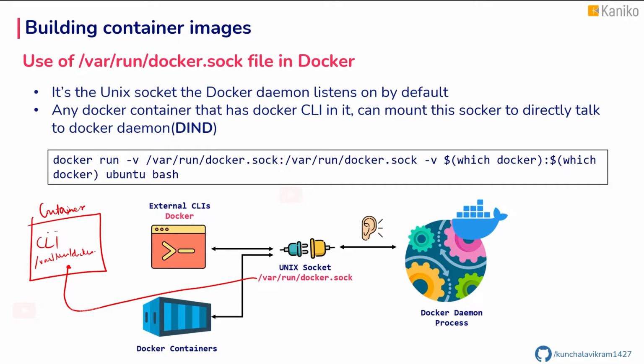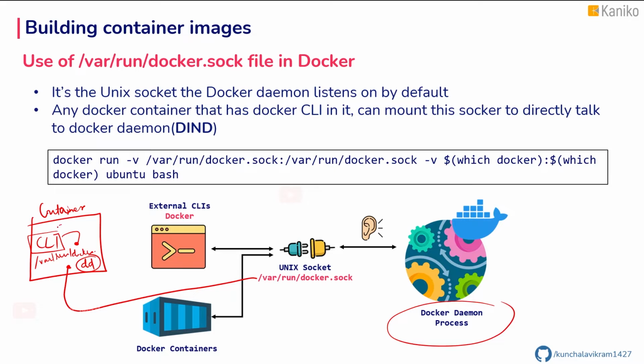Since we have the Docker CLI, this Docker CLI from within the container can talk to this Docker sock. Since it is mounted, you are indirectly talking to the Docker daemon process, which is running outside your container. So without having the Docker daemon inside your container, you only have to have the Docker CLI and the docker.sock mounted at the exact location to talk to the daemon process.